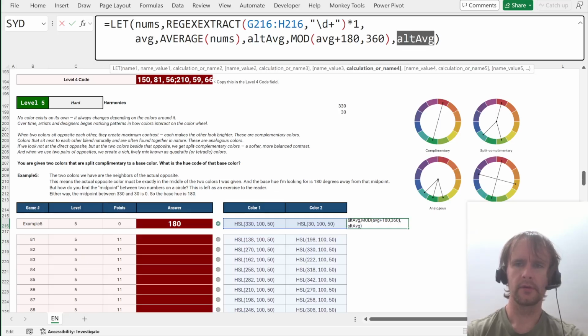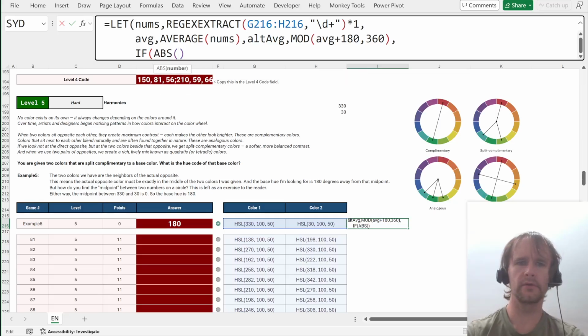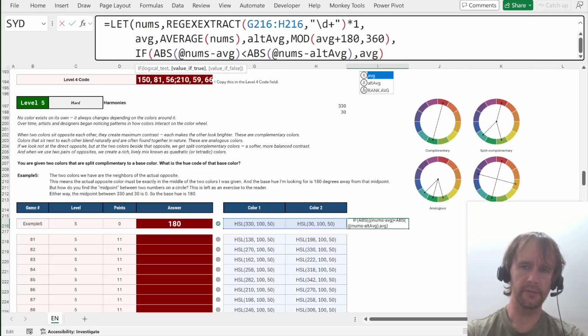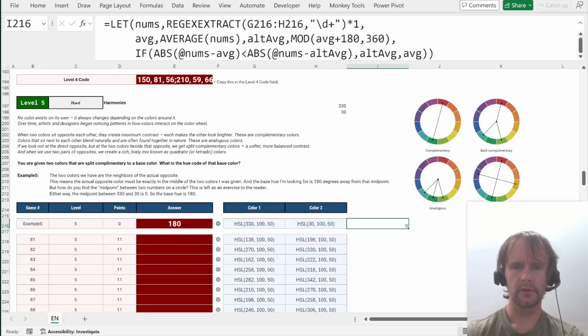So then this, I just want to say if absolute value of nums minus average is less than the absolute value of nums minus alt average, then the midpoint is the average, in which case what I want is the alt average. Otherwise it's this.